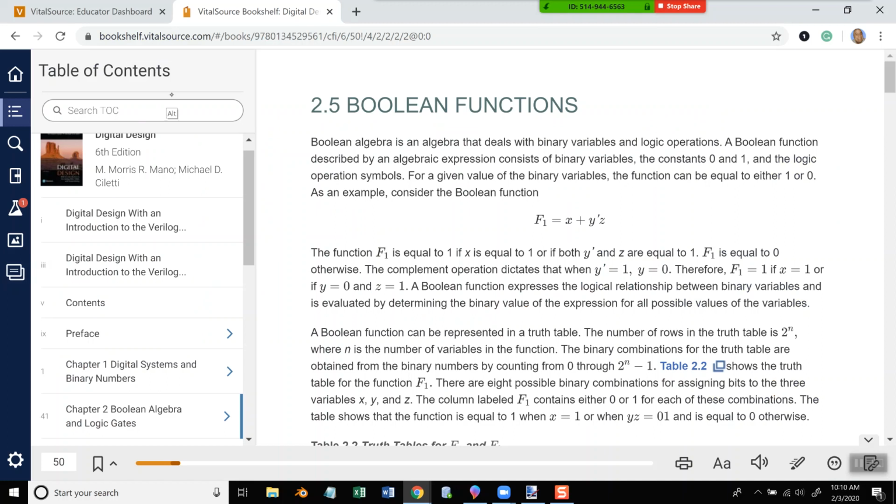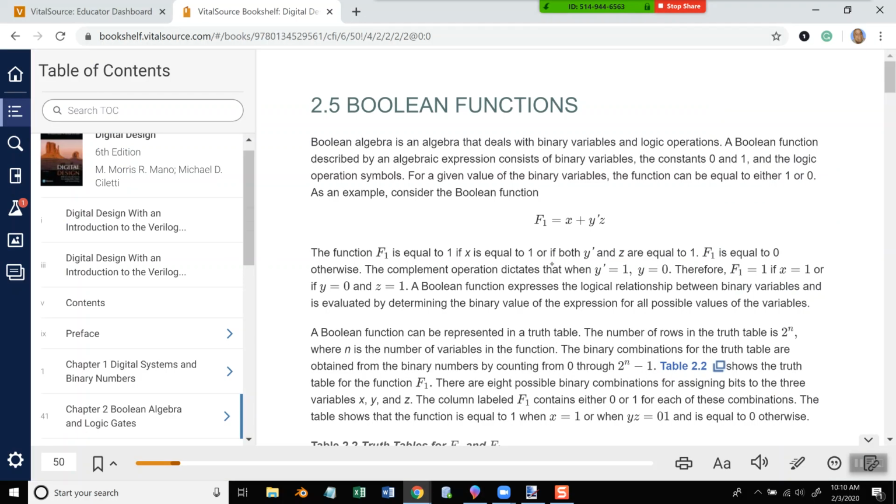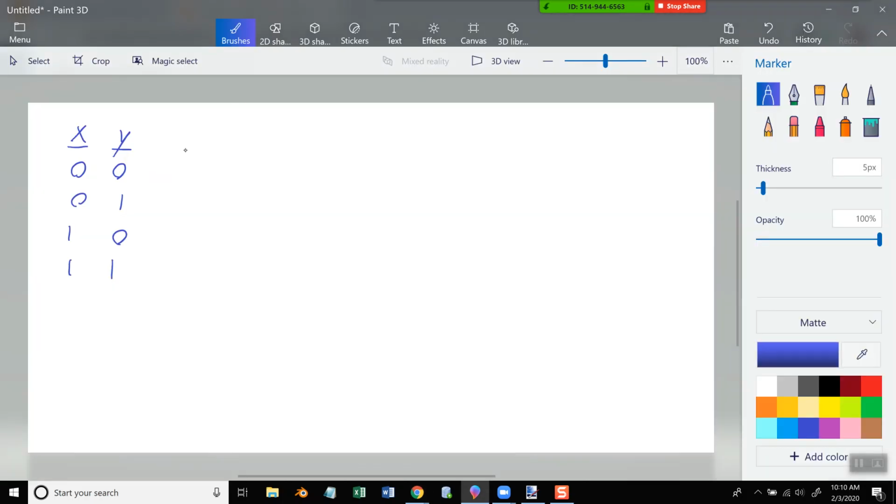We got x and y. And 0, 0, 0, 1, 1, 0, 1, 1. Now the prime takes precedence first, so I'm going to find that. Not y is flipping all those, so that's 1, 0, 1, 0.